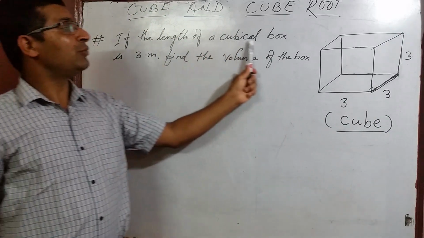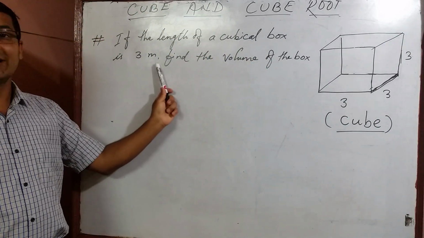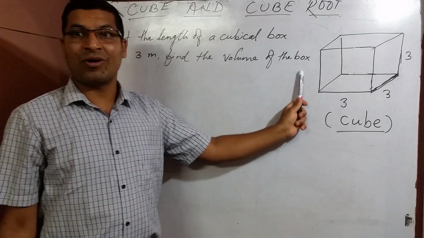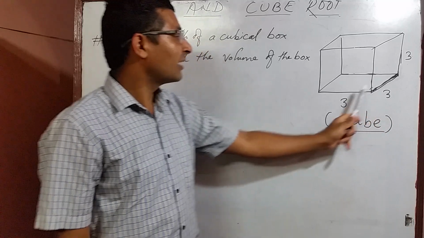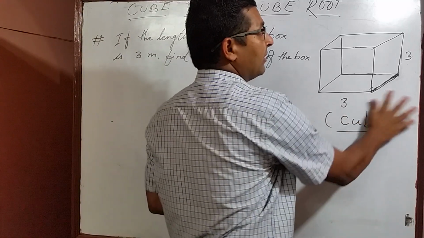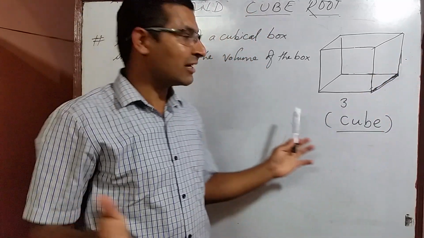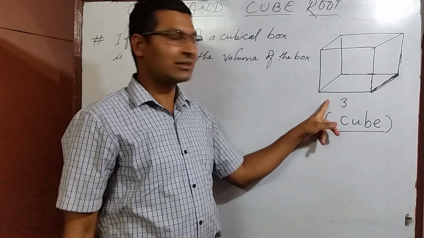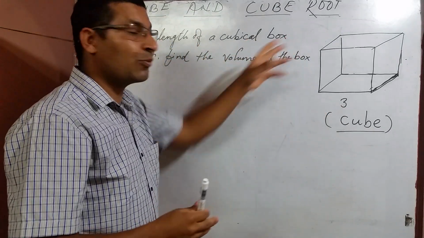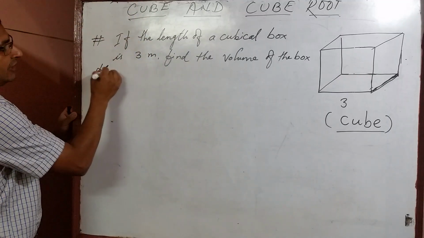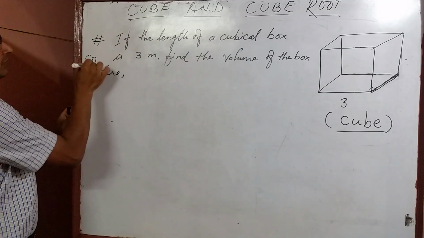If the length of a cubical box is 3 meter, find the volume of the box. Like here is a cubical box, and the length of the side, all sides are equal, so it can be given as a side only, so we can find out the volume, space occupied. Okay, here this is the solution.